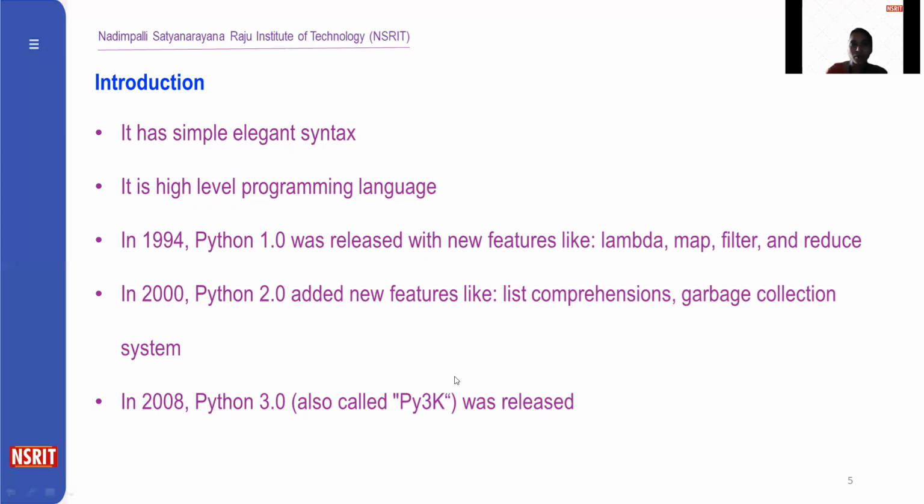And Python 3.0 was released in 2008, including lots of features when compared to Python 1.0 and 2.0. Python 3.0 is also called Py3K.